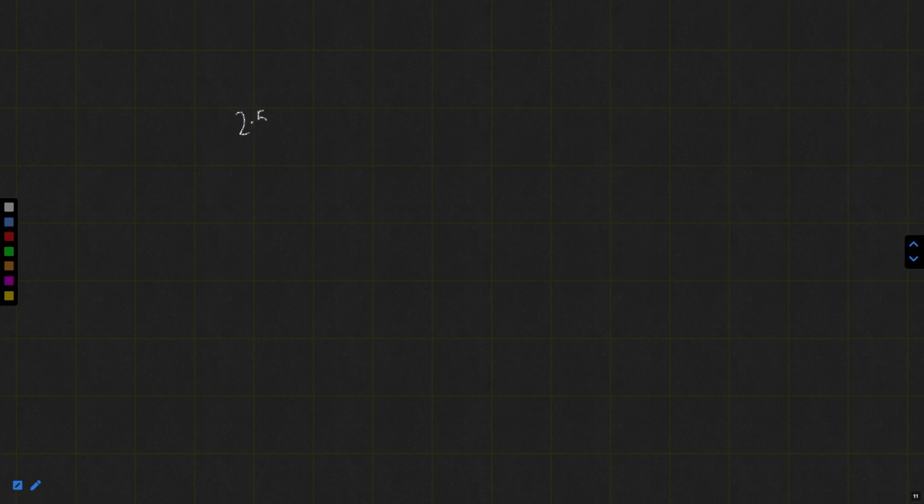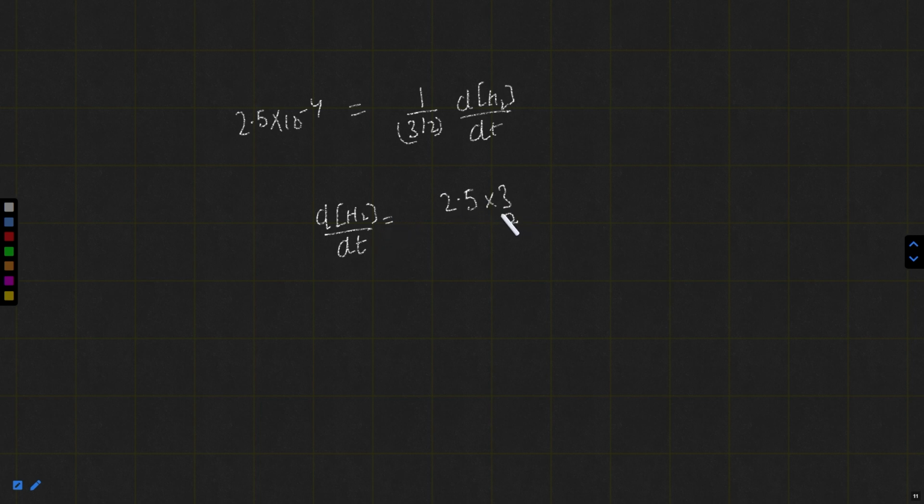What about the second one? Again, we will equate this individually with H2. So 1 by 3 by 2 dH2 by dt equals the rate, or we can write dH2 by dt equals 2.5 into 3 by 2 into 10 to the power minus 4.